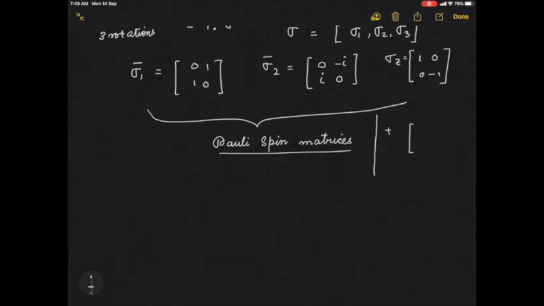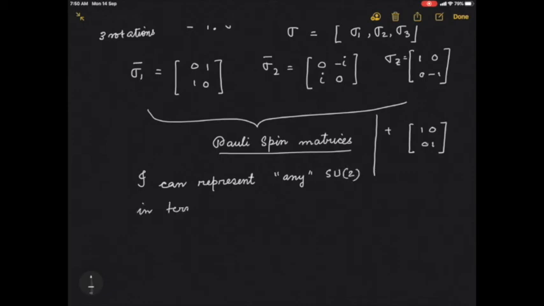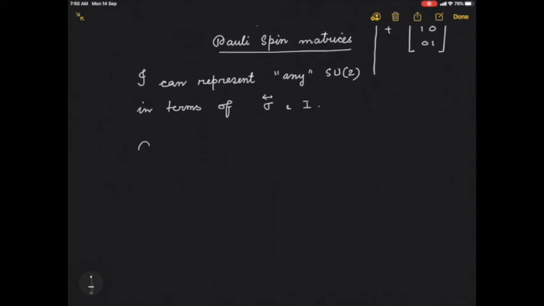Now, if I have these three, and if I add to this the identity matrix, which is 1, 0, 0, 1, I can represent any SU2 in terms of the 3 sigma components and I. In fact, Q is 1 SU2.